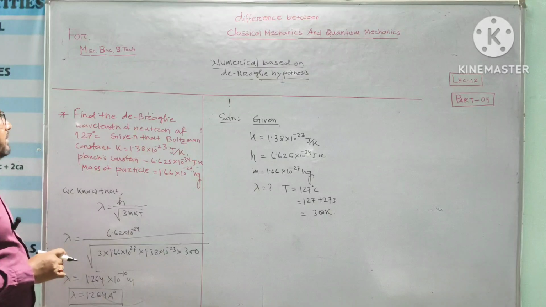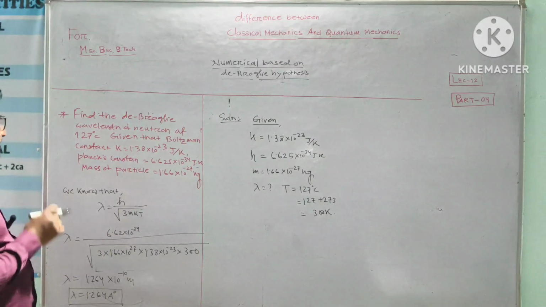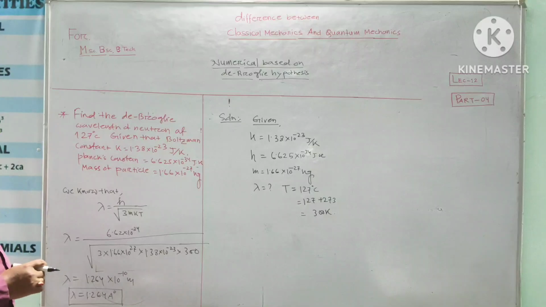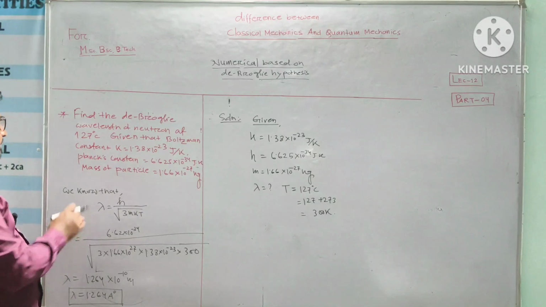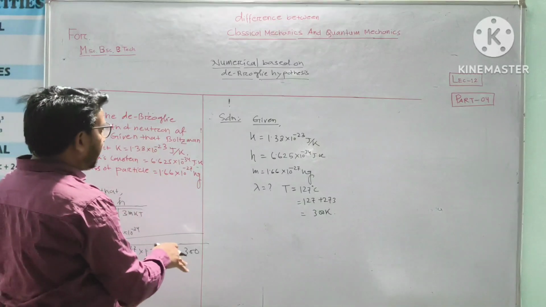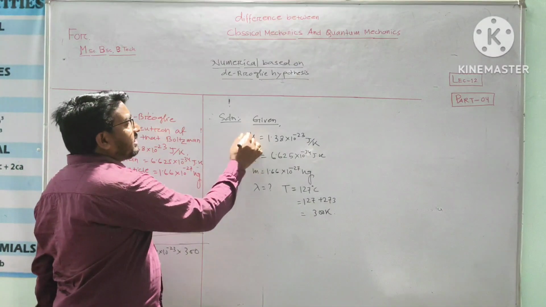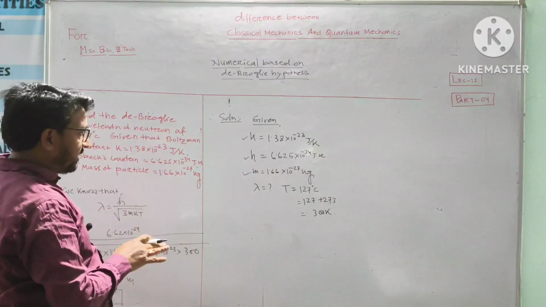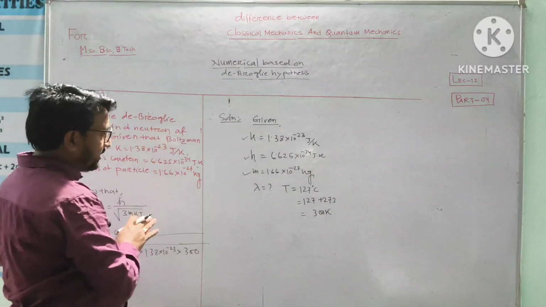Find the de Broglie wavelength of a neutron at 127 degrees Celsius, given that Boltzmann constant k equal 1.38 into 10 to the minus 23 joule per Kelvin, Planck constant is this, and mass of particle is this. From the given information, k equal Boltzmann constant, h is Planck constant, m equal mass of the neutron particle.